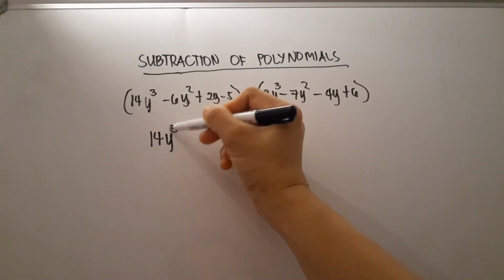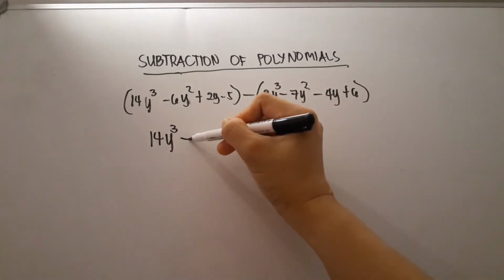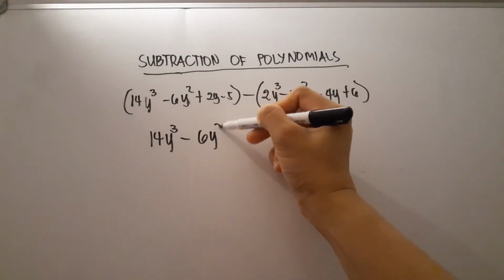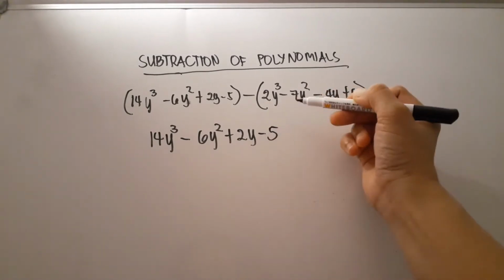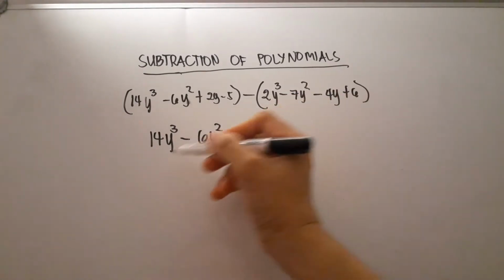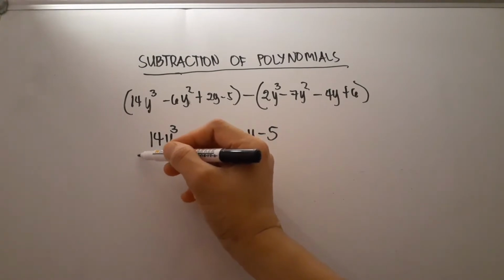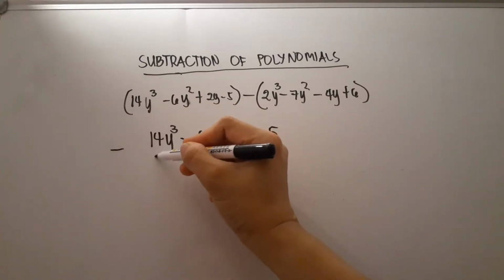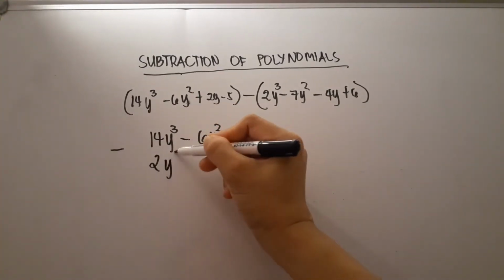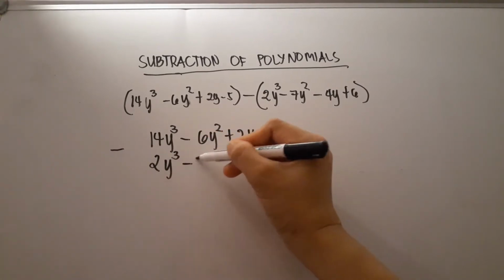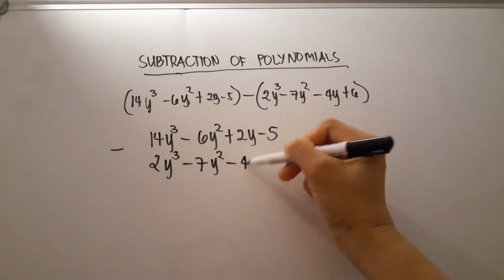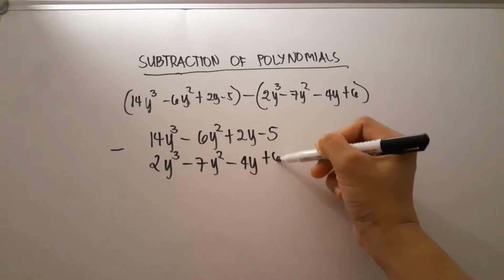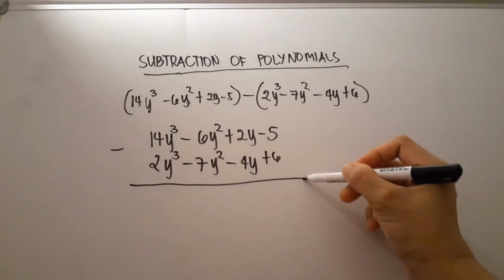We can arrange it into columns. In the first row, 14y cubed minus 6y squared plus 2y minus 5, and in the second row, 2y cubed minus 7y squared minus 4y plus 6.